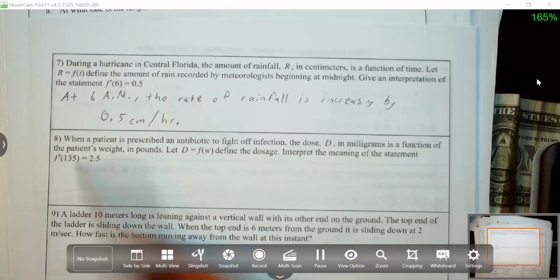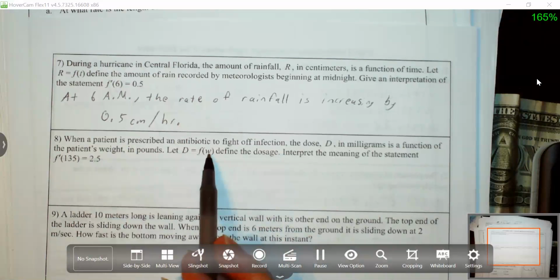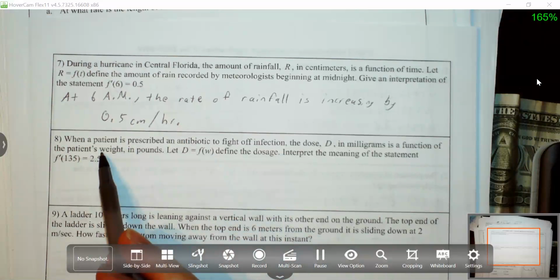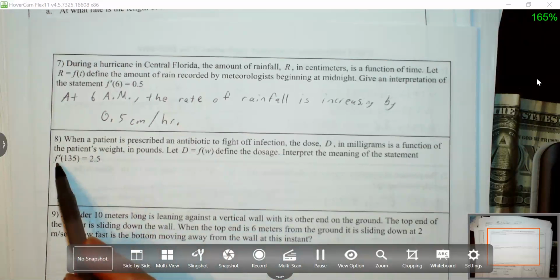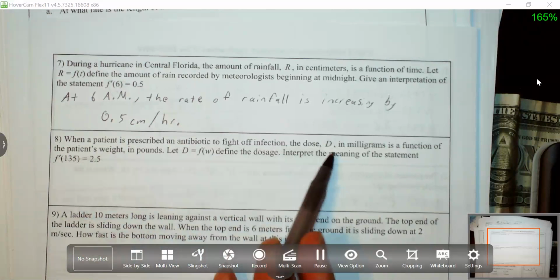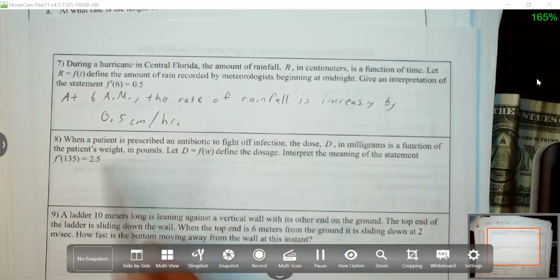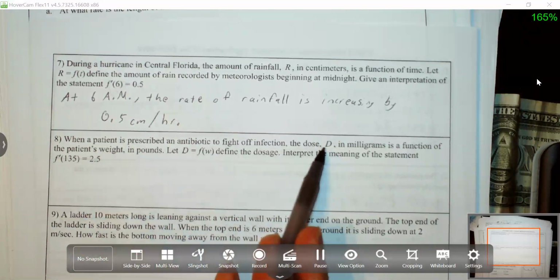So 135 represents W, which is the patient's weight. And then 2.5 is the rate that the dosage. Okay, so 2.5 is the dose is increasing by 2.5 milligrams.